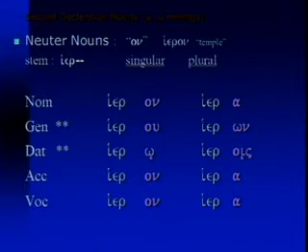This will become clear once we start to actually work with neuter nouns, but you will have to begin to differentiate when you're working in a sentence. When you come across hieron or hiera, you'll have to ask yourself the question, is it functioning as the subject, as the direct object, or setting up direct address? There will be clues in the sentence that will at least help you make that decision, so it won't be as hard as it may seem at the moment. And so we'll deal with that when we get there.